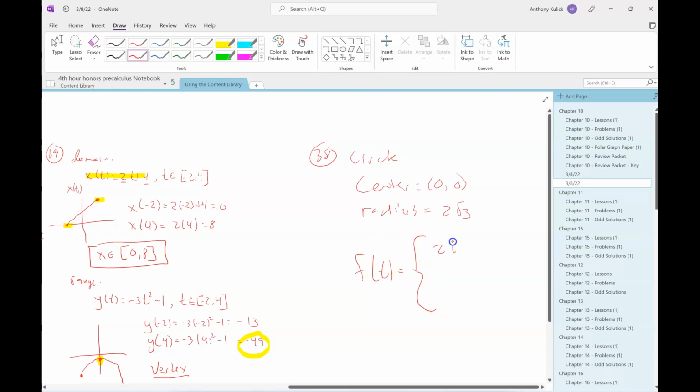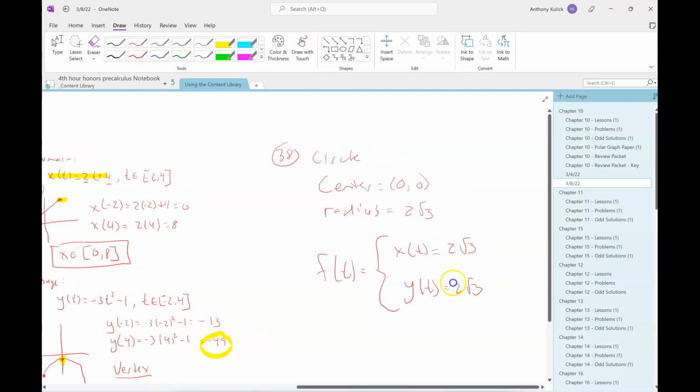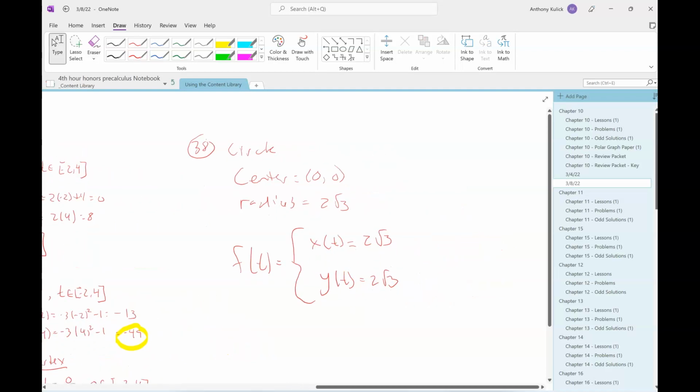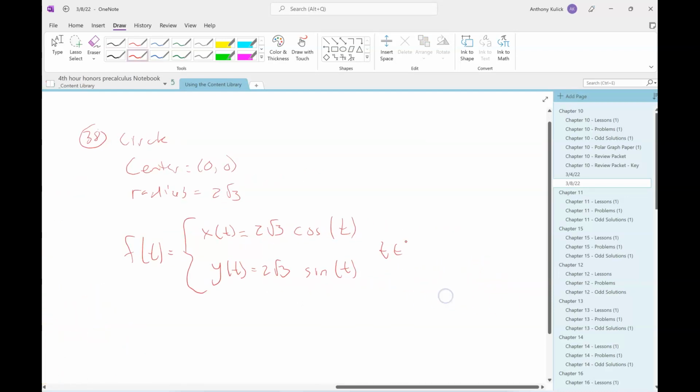My radius needs to be 2 root 3, and that can actually be positive or negative. It doesn't matter. And then we'll just tack on our cosine t and sine t onto that. And our interval for t, I would just write as 0 to 2 pi.